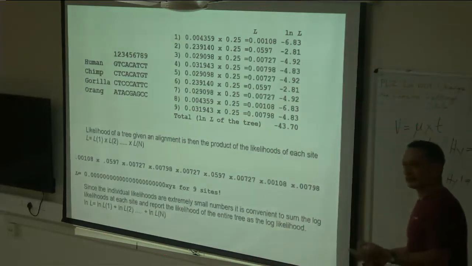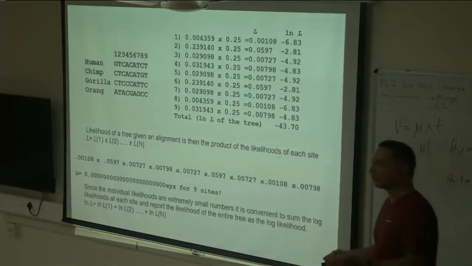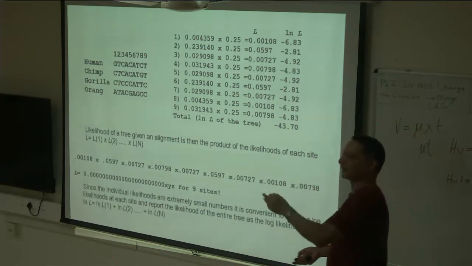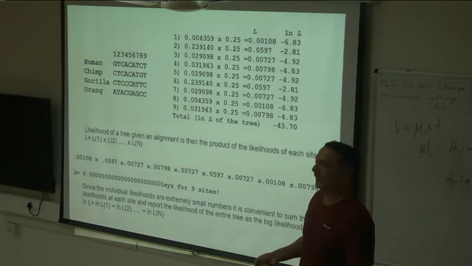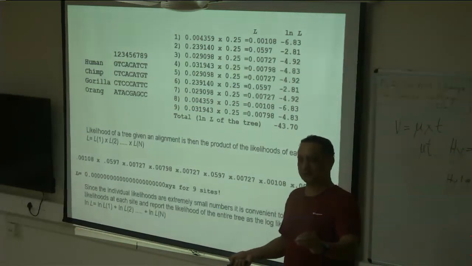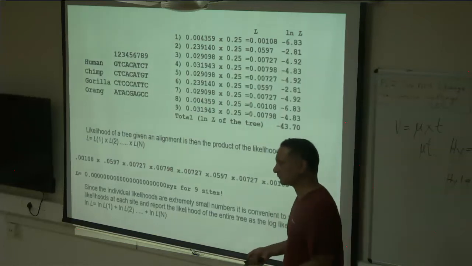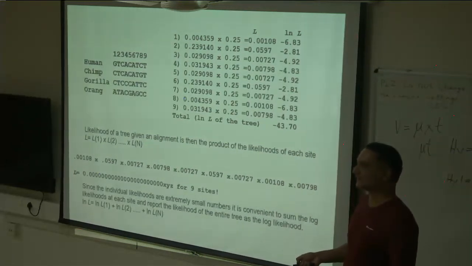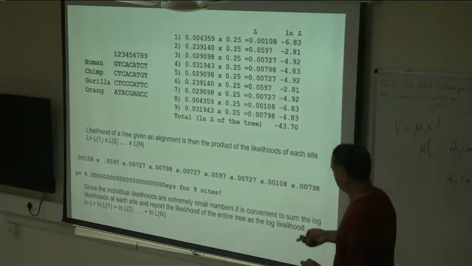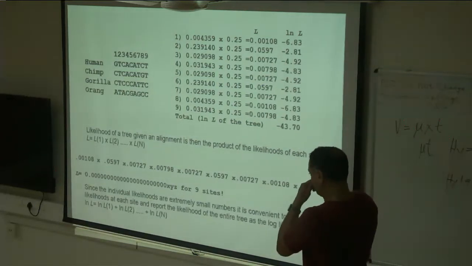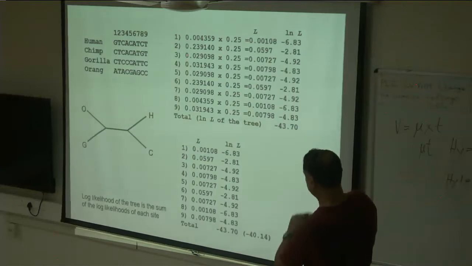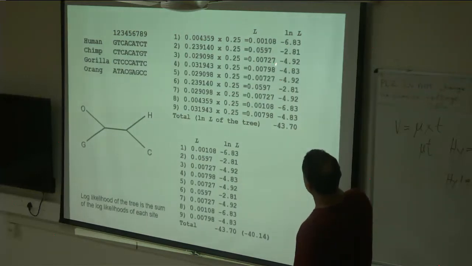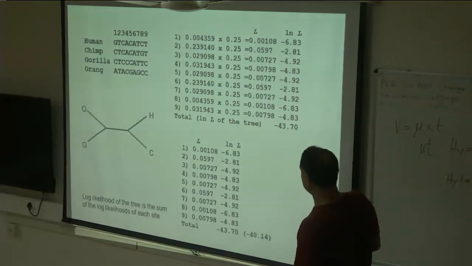That's why when you look at the likelihood score, it says log likelihood. And it's always a negative number because it's a very, very small number. Okay, does that make sense? So you just add it up.